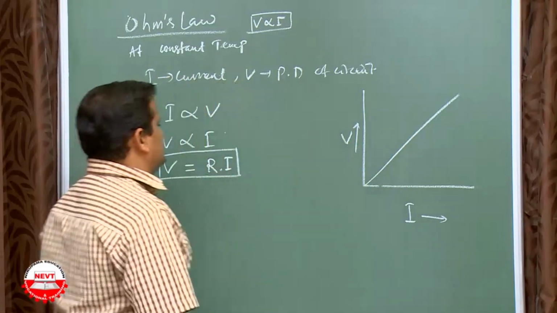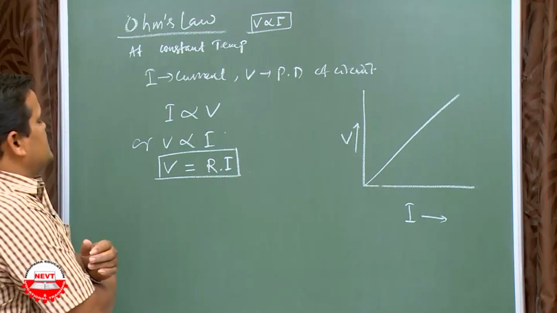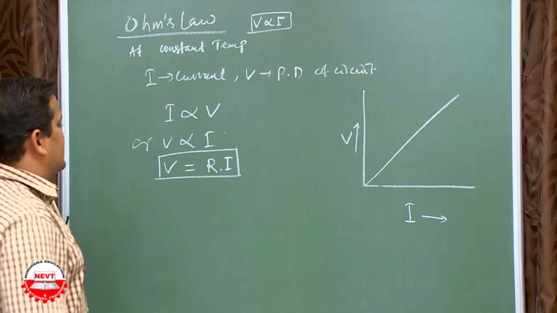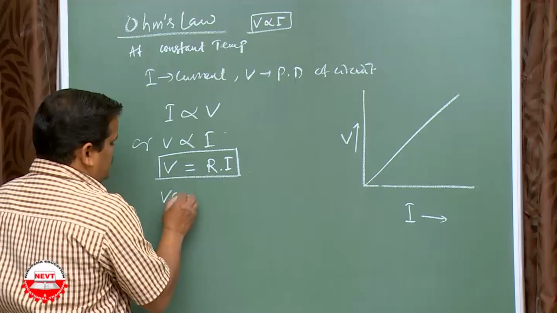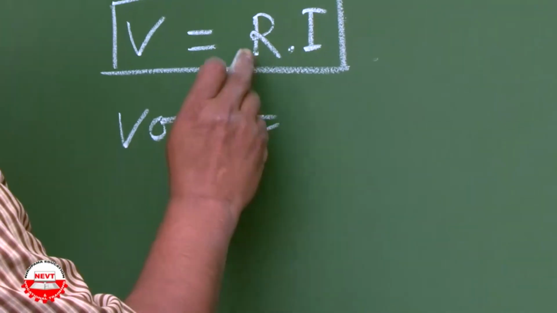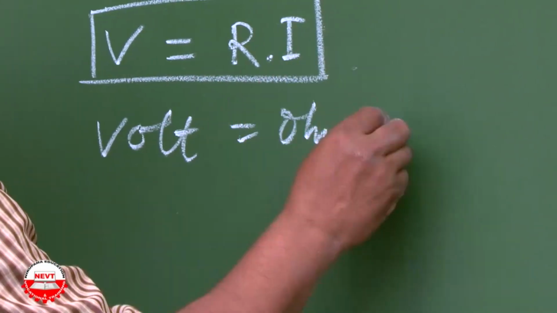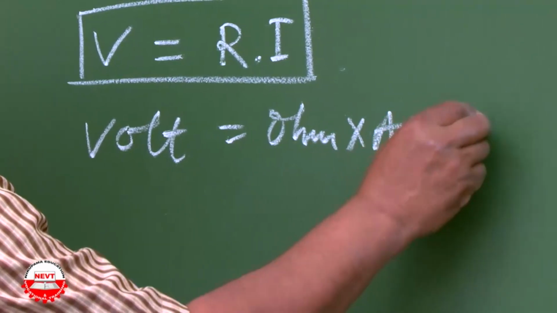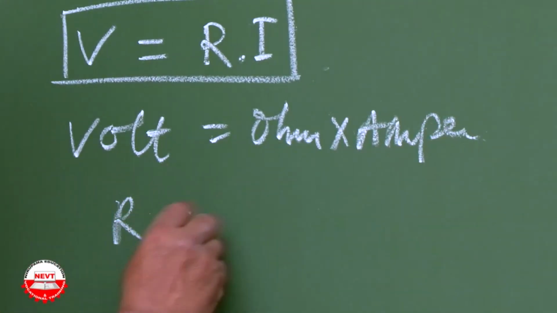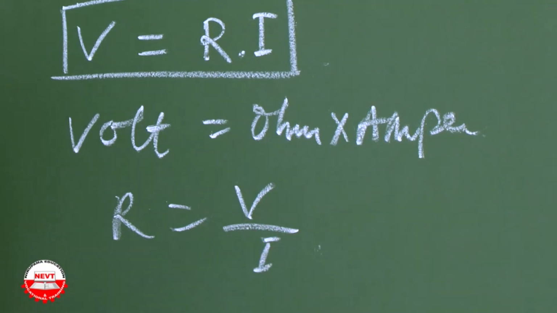As V increases, I also increases. So V is equal to IR, that is volt is equal to resistance in ohm into current in ampere, or R is equal to V by I. So this is Ohm's law.